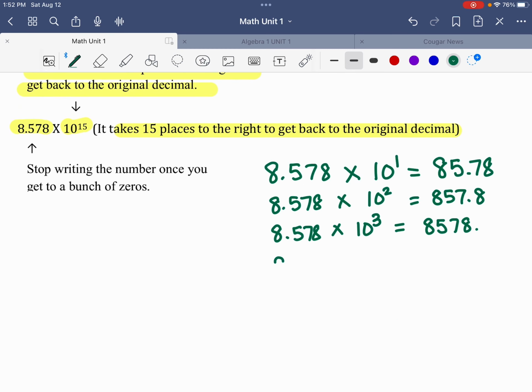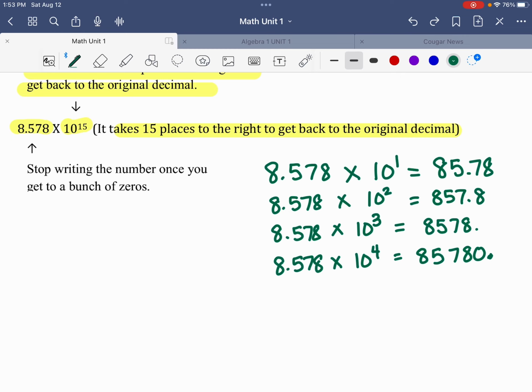If I multiply 8.578 times 10 to the fourth power, it will move the decimal 4 places to the right, and it becomes 85,780. Notice it moved 1, 2, 3, 4. Oops, I miscounted, sorry. It moved that decimal 4 places to the right, just 4 places, not 5.